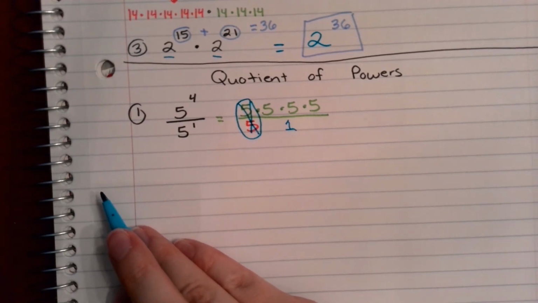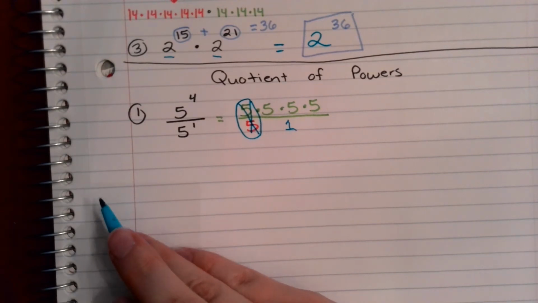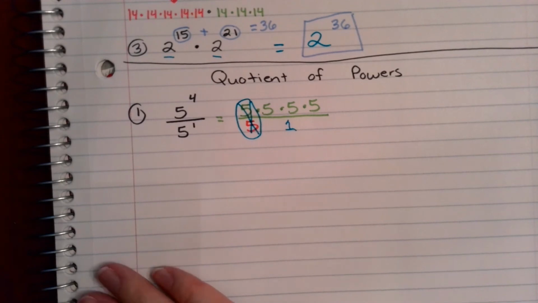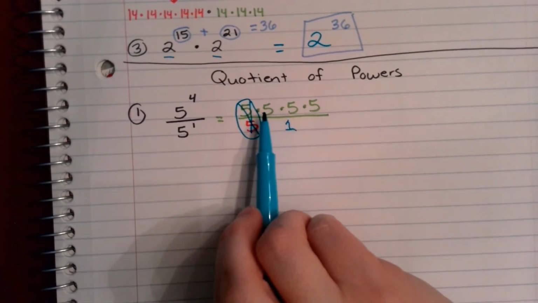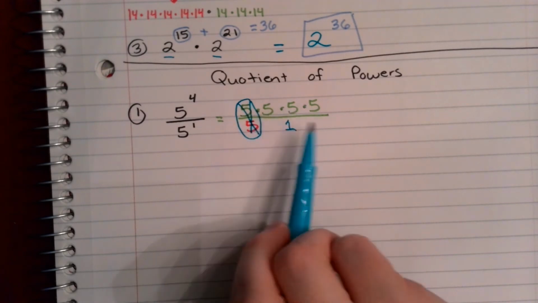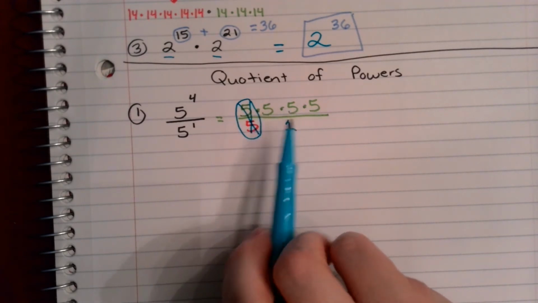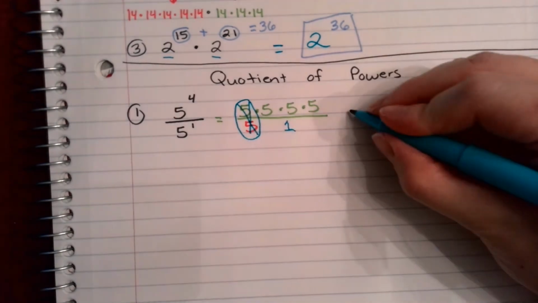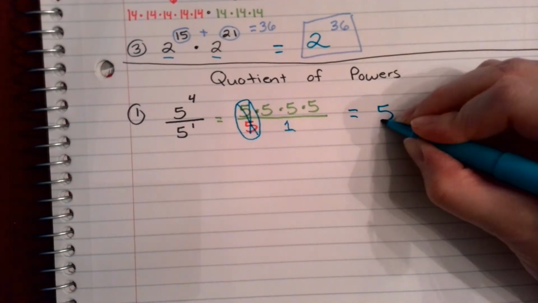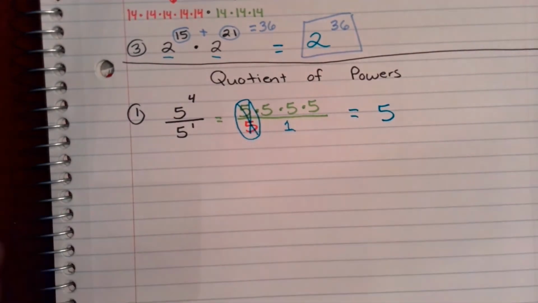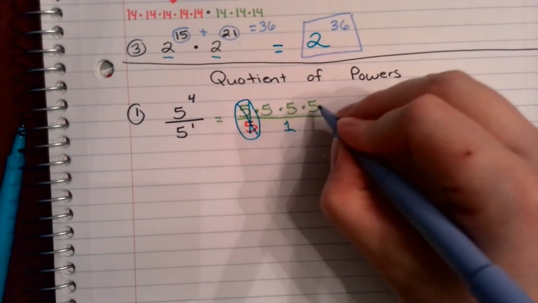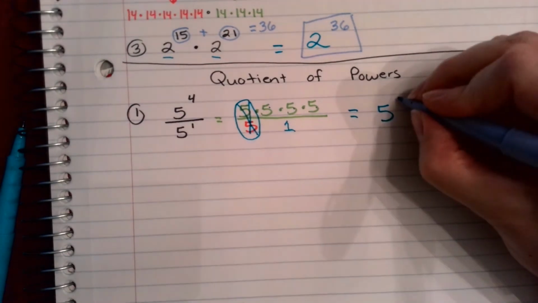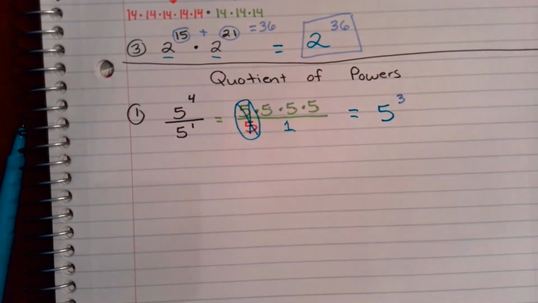You know it's 2 over 1. The 1 is not written there, but you know that 2 over 1 exists. So now I've got 5 times 5 times 5 over 1. I don't have to write that though. I can just say it's 5 to what power? Let's see how many are there. There are 1, 2, 3. So 5 to the 3rd power.